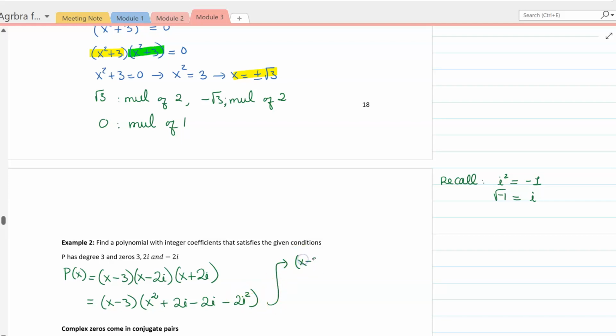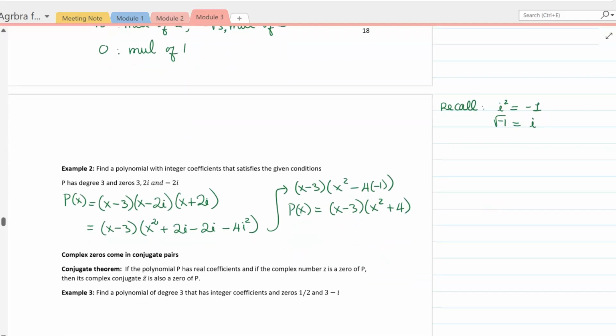So that is x minus 3 times x squared minus 4 times i squared, so minus 4 times negative 1. So p of x is equal to x minus 3 times x squared plus 4.